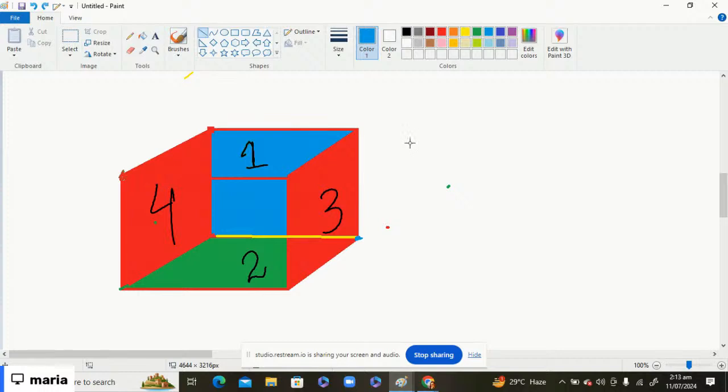Let me just check it out. Okay, like this one, or like this one. Now just count it. Okay, this is basically the front side of that one. So it's one, two, three, four, and this total one is five.